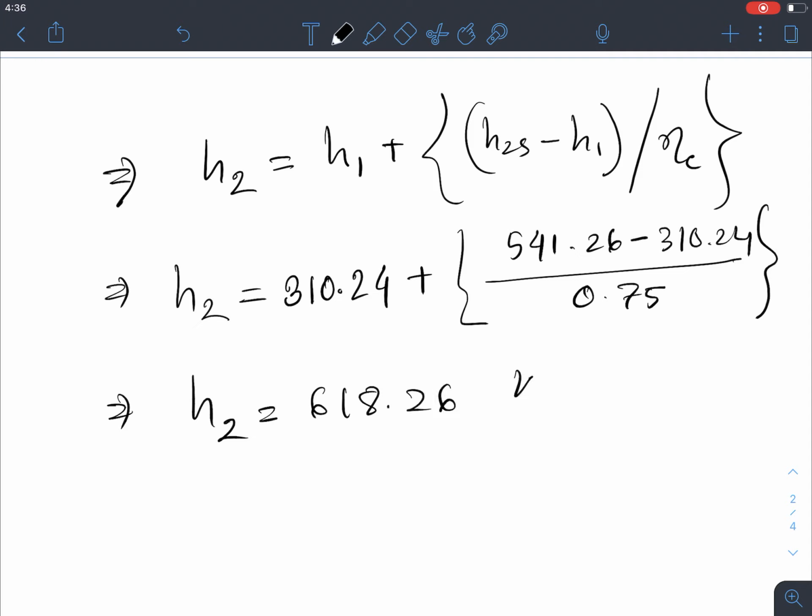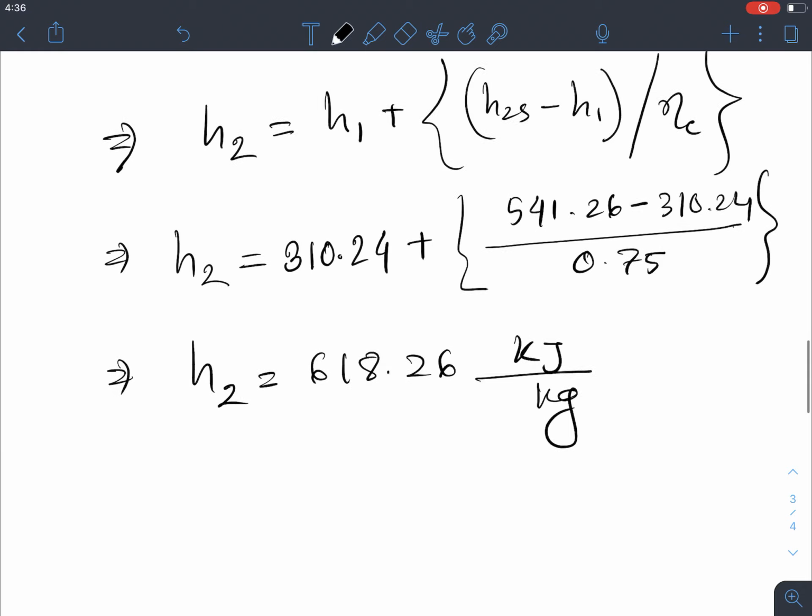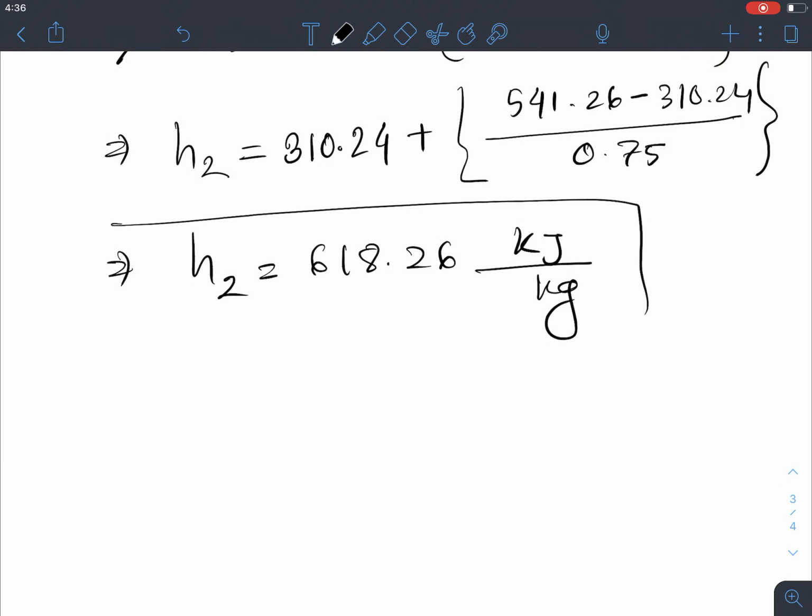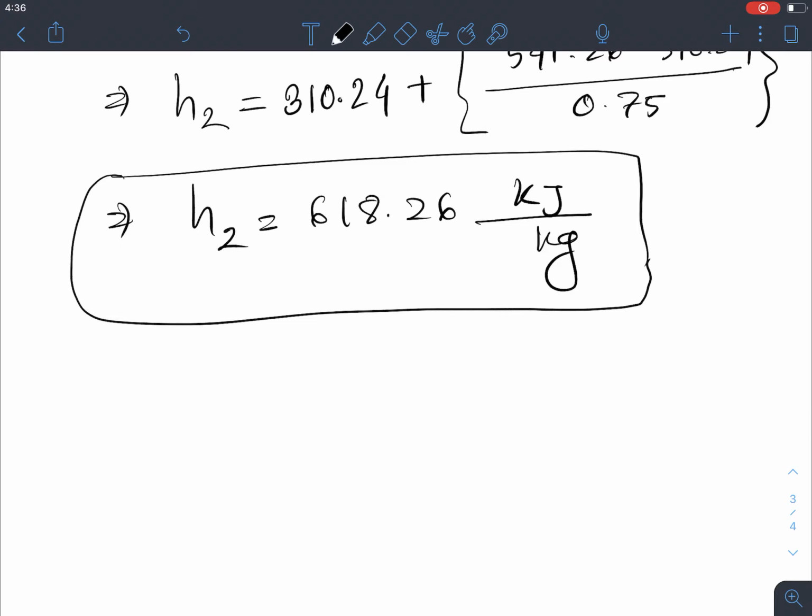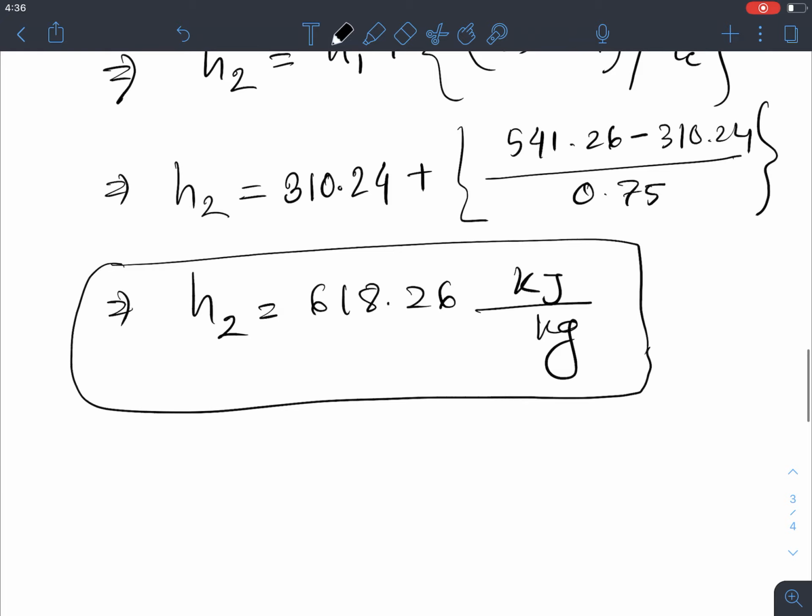So if I solve this, then H2 will become 618.26 kilojoule per kg. So we have the H2 now, right?